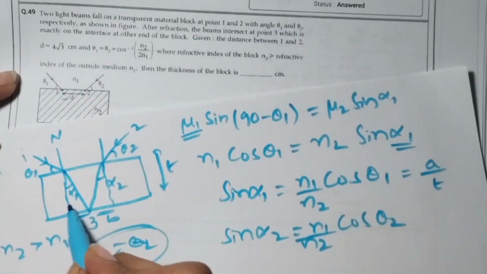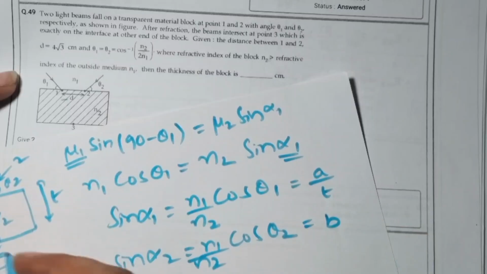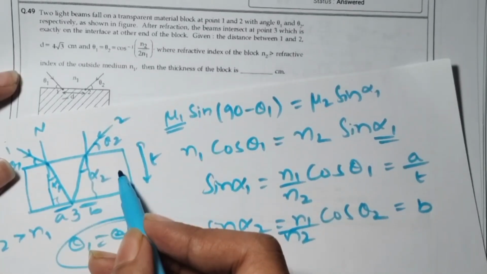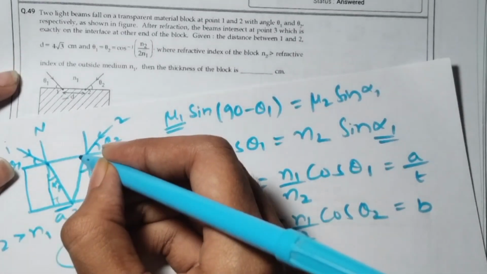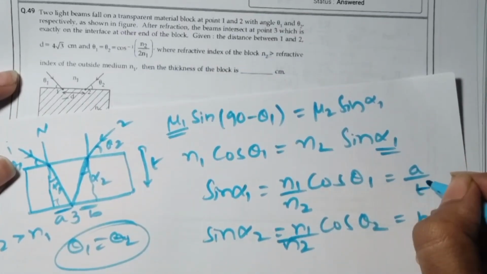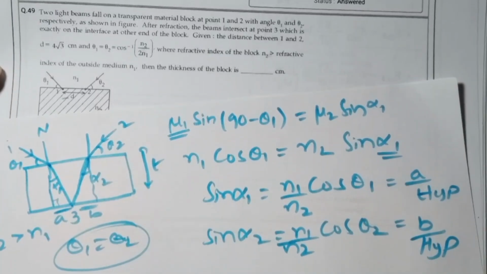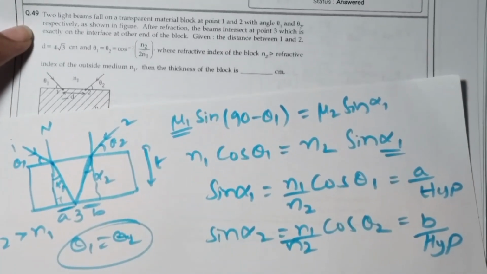Observe carefully, this is subtending angle 90. And sine alpha 2 is B by T. Sine alpha is opposite by hypotenuse. Okay, sorry, it is the hypotenuse. So B by hypotenuse, right?